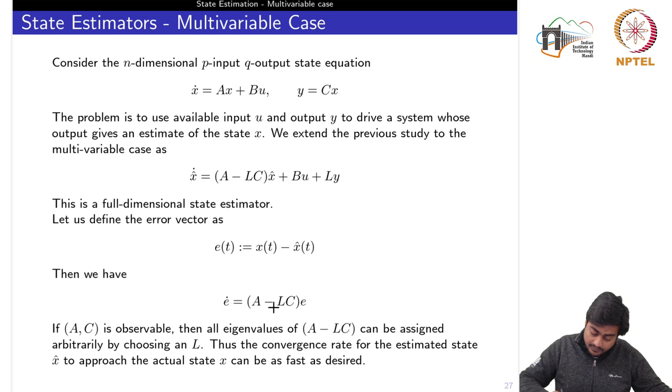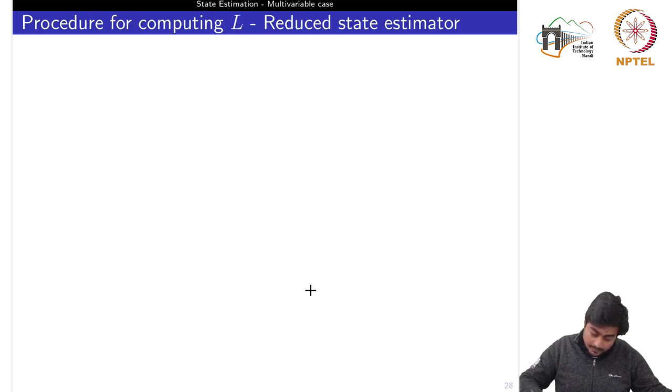Okay, if this (A, C) is detectable, then although we cannot put the eigenvalues of this matrix arbitrarily, we can still ensure the stability of this matrix so that the error dynamics will approach 0. Okay, so the full order design would remain the same.